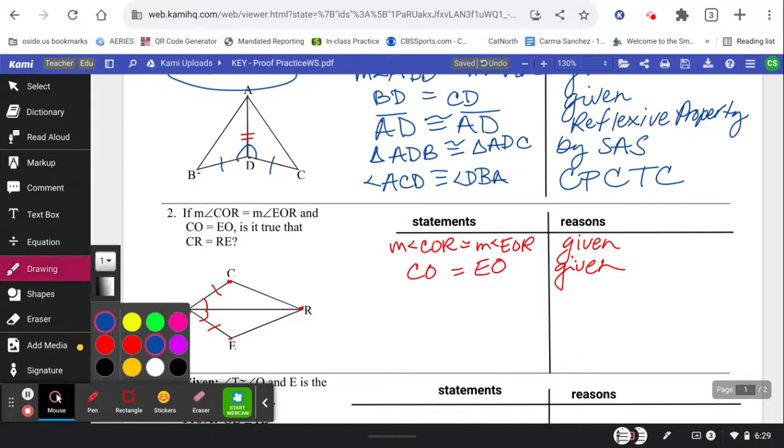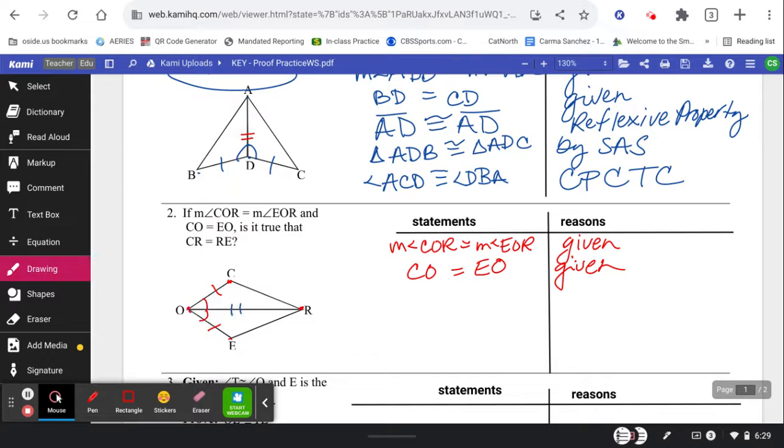So it's asking about another side. So we need to prove triangles are congruent first. Well, there it is again, that reflexive side. RO is congruent to RO by the reflexive property. It's a shared side, so of course it's equal. And now I can say that the triangles are congruent.